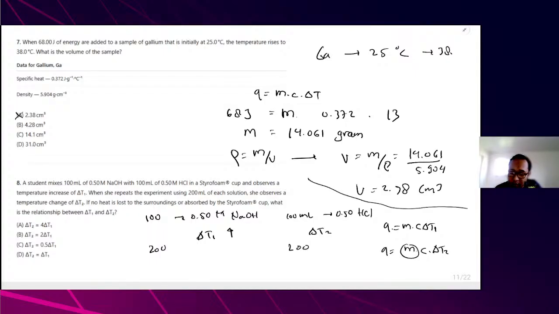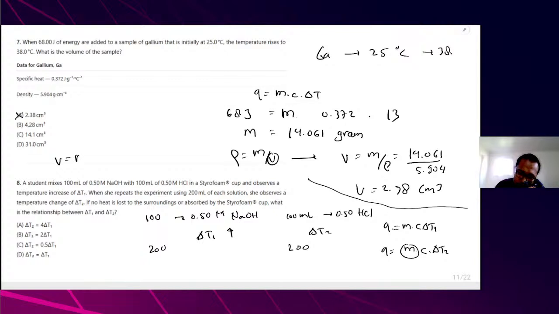When you double the volume, let me show you.